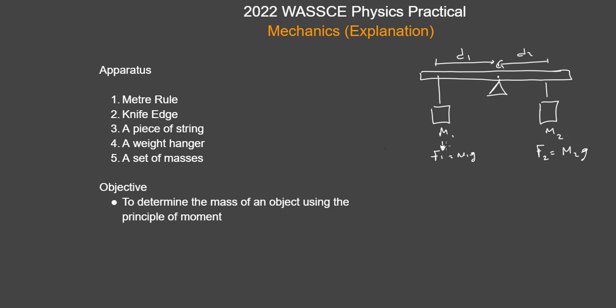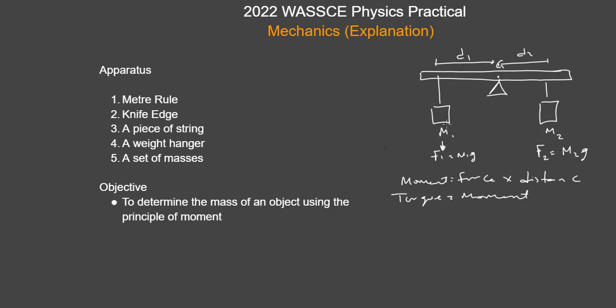Now, the moment is simply force times distance. Moment is also known as torque. Sometimes you hear a word like torque, right? It's also the same thing as moment. So now, let's take a look at the direction in which the two moments are acting.